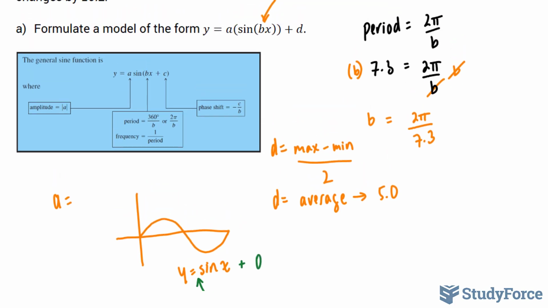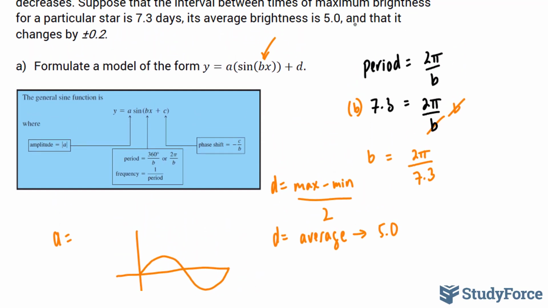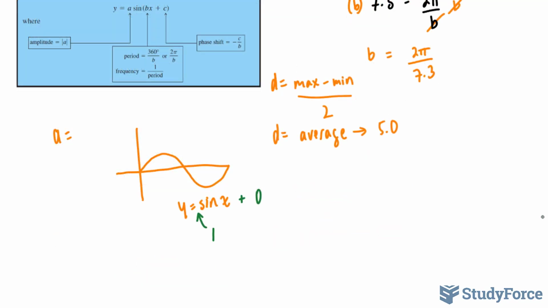So let's reread the question. And it says, that last part, and that it changes by 0.2, plus or minus. So the average changes by plus or minus 0.2. So if we define the amplitude as the distance from the center to the maximum or minimum, and if the average for our particular case was 5, and it hovers between negative 0.2 and 0.2 positive, that means that our amplitude for this problem has to be 0.2.